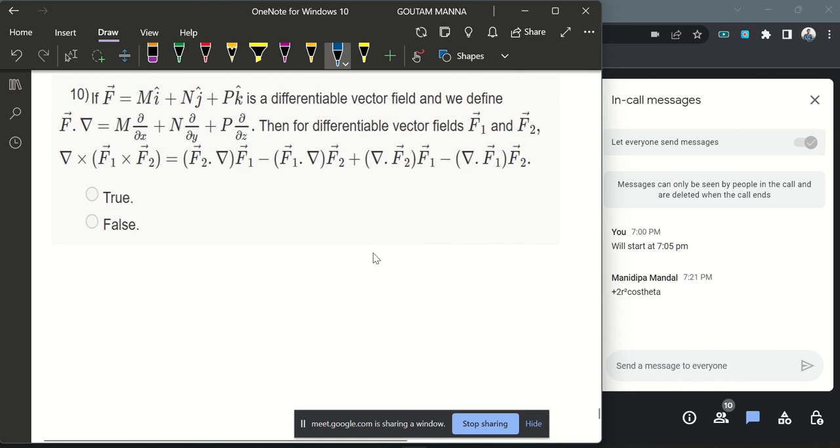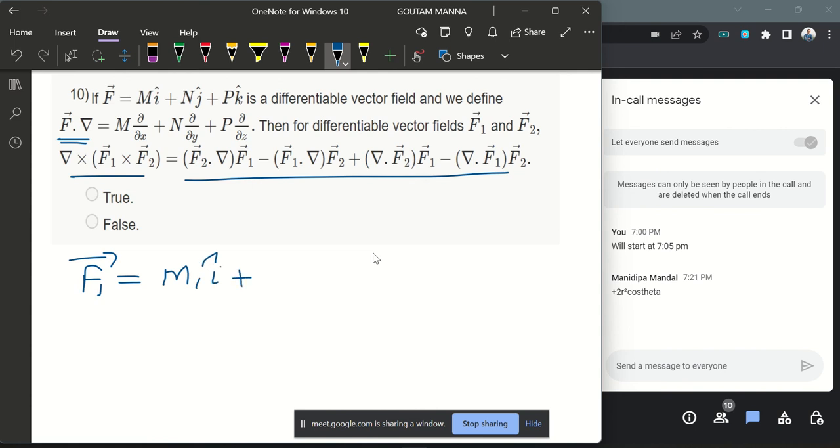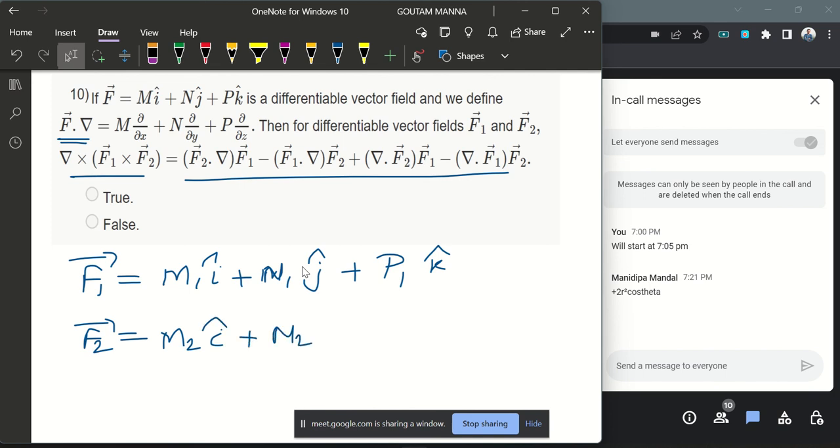Okay, so we are given f equals to this quantity, and the del vector relation that is given by this, and we are asked to see whether this relation is right or wrong. So if F1 is given by m1 i hat plus n1 j hat plus p1 k hat, and if F2 is given by m2 i hat plus n2 j hat plus p2 k hat.